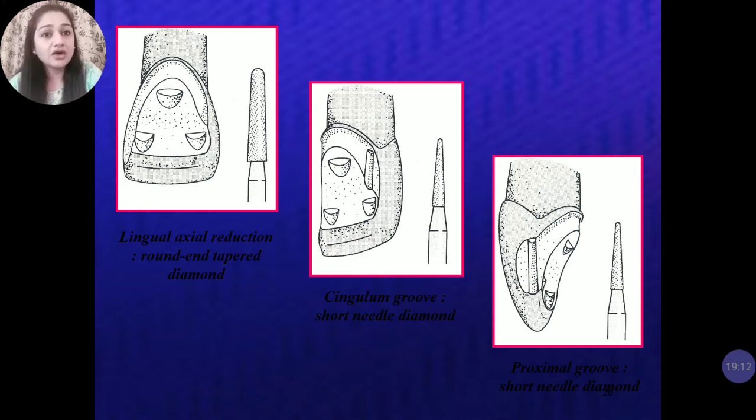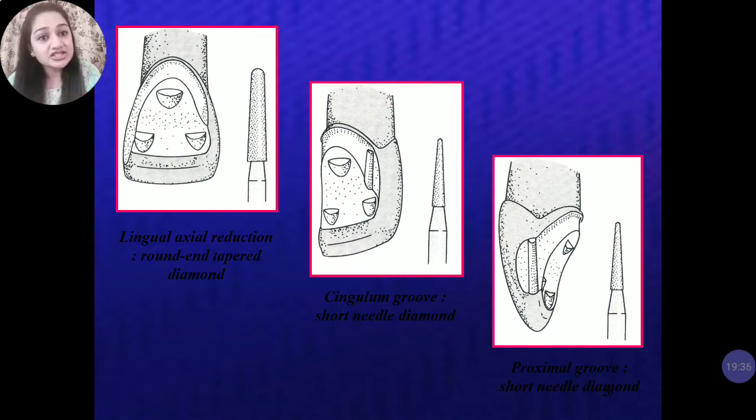So this is how we prepare the palatal aspect of your anterior tooth to receive a resin bonded fixed partial denture. So once the countersink is prepared and the proximal surface is prepared, we prepare the marginal area.